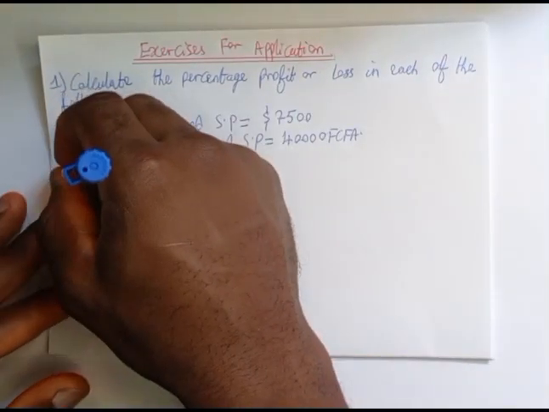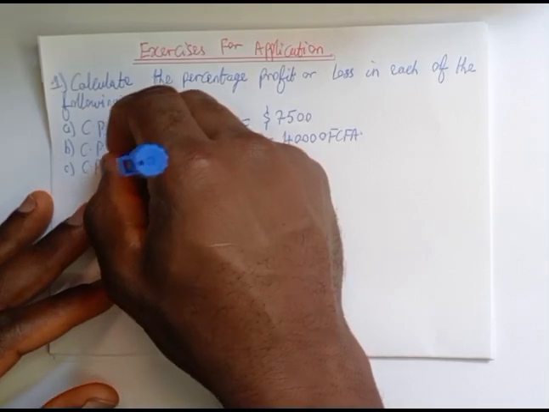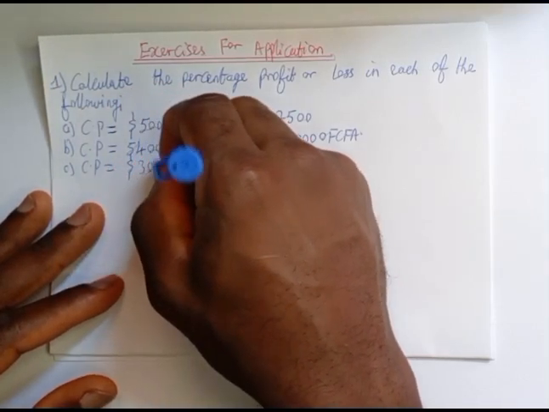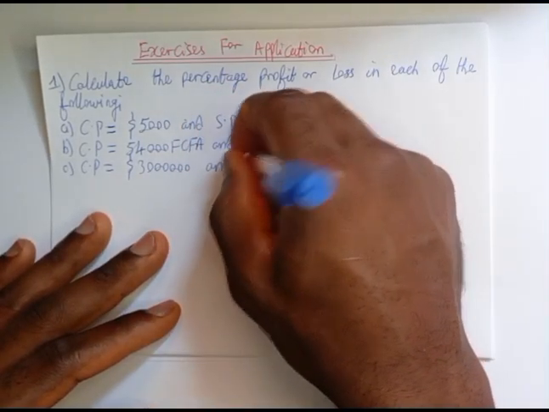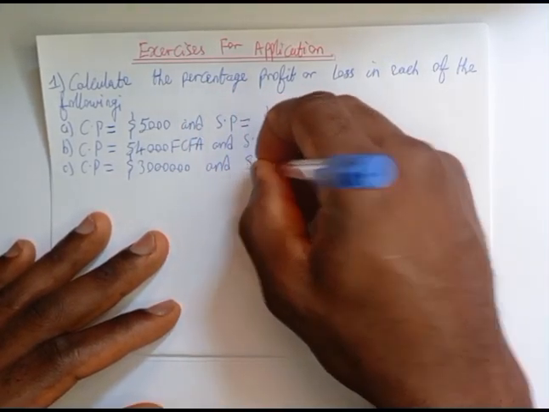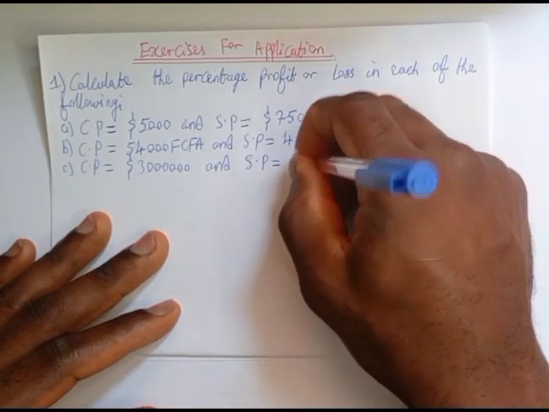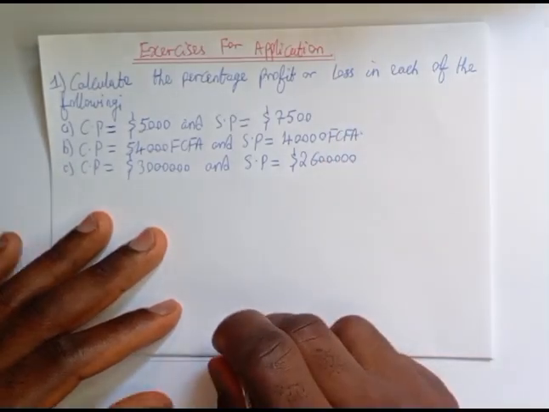You go to C, a cost price of $3 million and a selling price of $2,600,000.